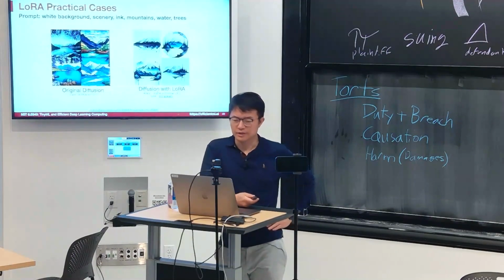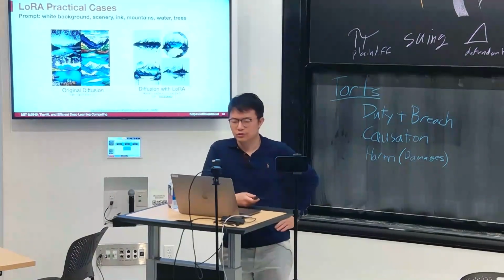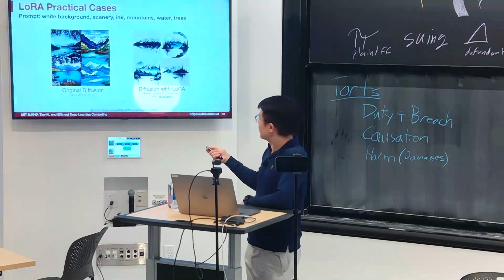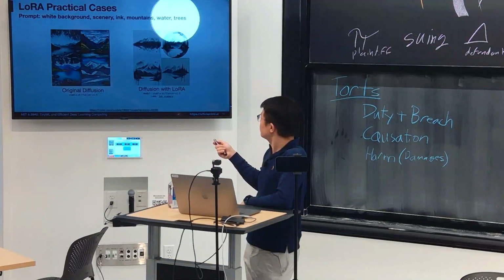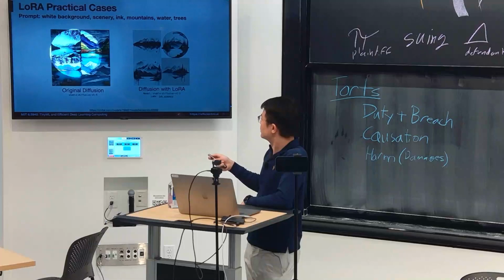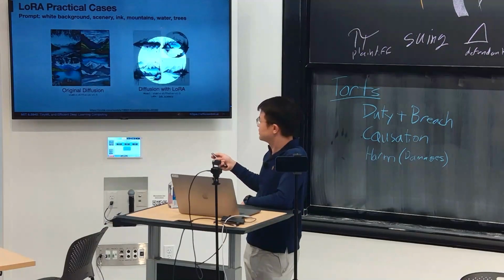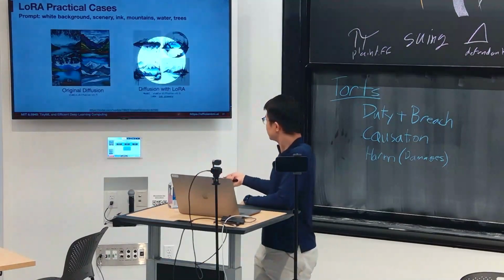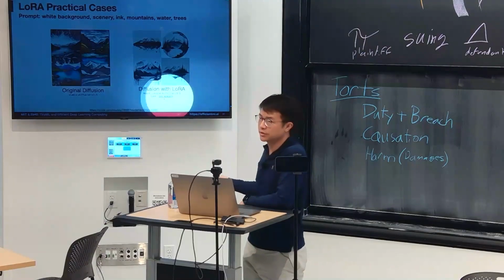So let's see some example practical use cases with the prompt: white background, scene, ink, mountains, water, trees. This is the original diffusion model, and this is a diffusion with LoRA. Okay, so the LoRA is an ink scenery LoRA.